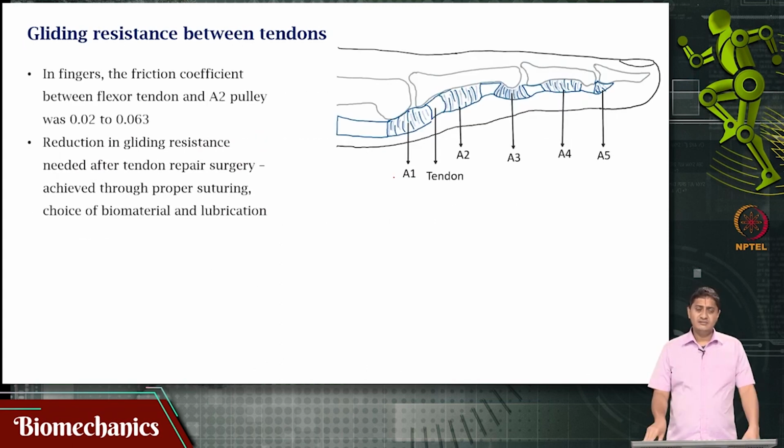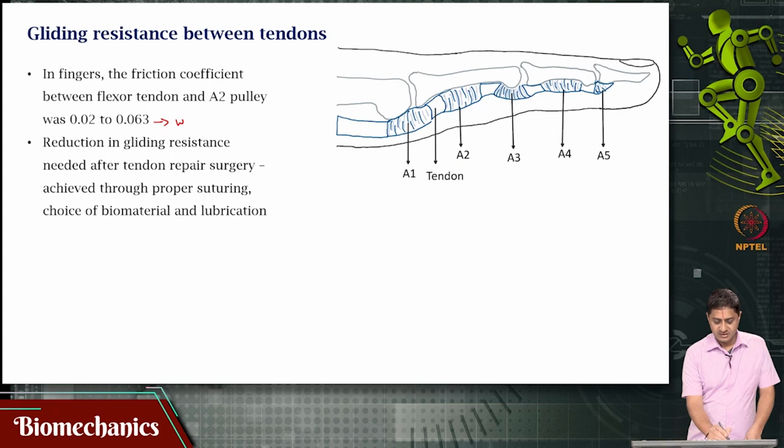In fingers, the friction coefficient between the flexor tendon and the A2 pulley was measured to be between 0.02 and 0.063. This is the friction between the flexor tendon and the A2 pulley.